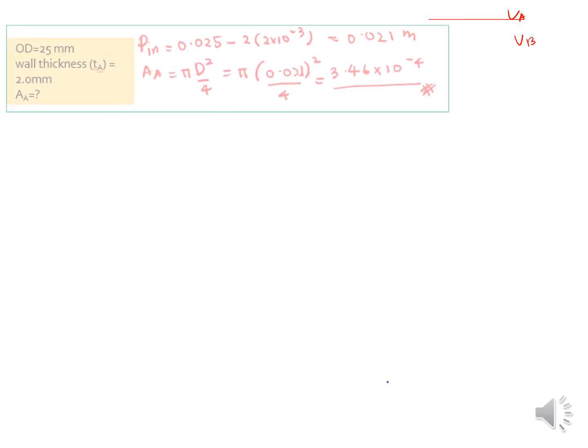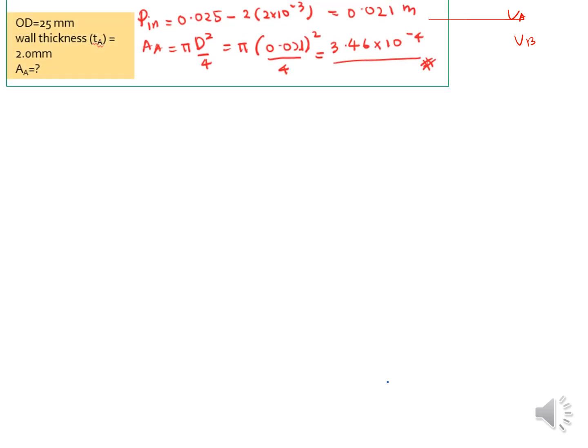For example, at point A, we know from the question that it has an outside diameter, and the thickness of the wall is given, which is 2 millimeter. In order to calculate the flow rate area, we have to use this equation. However, be careful with the term D here. The D here should be the inner diameter, so in order to calculate the inner diameter, you have to deduct the value of the thickness.